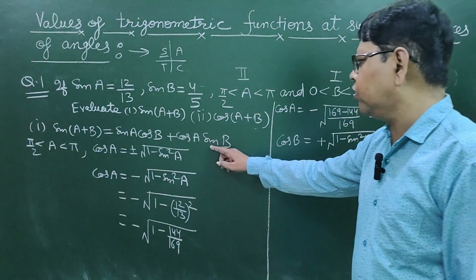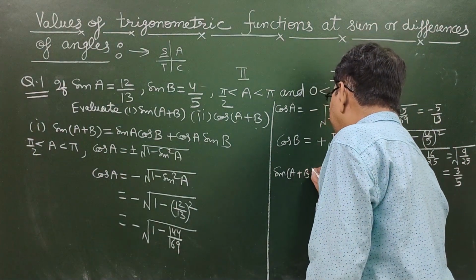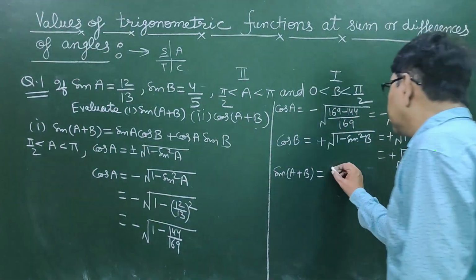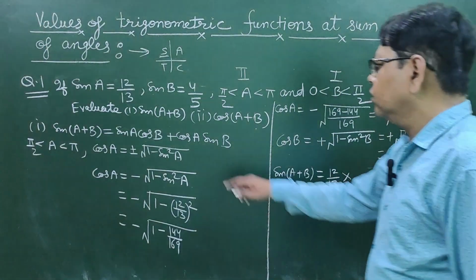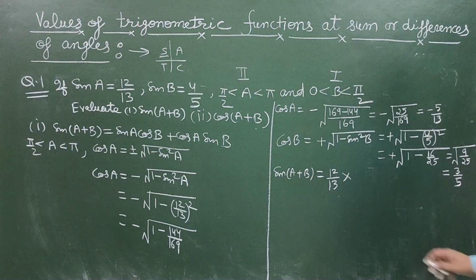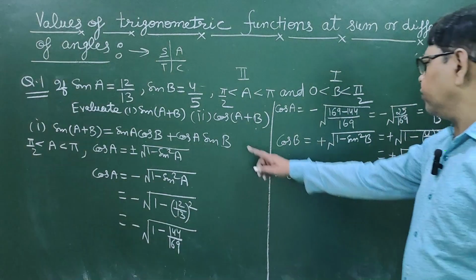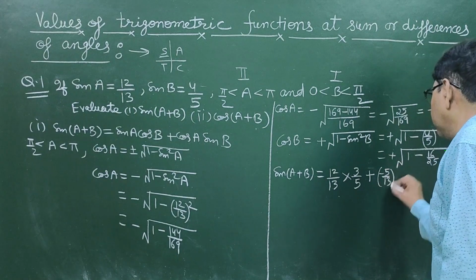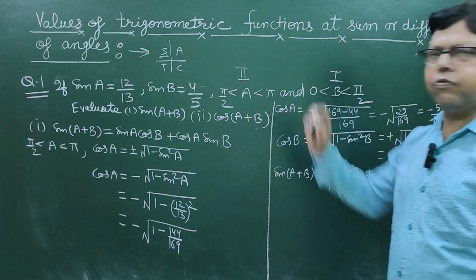So we need to put these values here. We get sin (A plus B) is equal to sin A cos B plus cos A sin B. The value of sin A is 12 upon 13, into cos B, the value of which we have calculated as 3 upon 5, plus cos A, the value of which we have calculated as minus 5 upon 13, into the value of sin B. Sin B is given in the question, it is 4 upon 5.